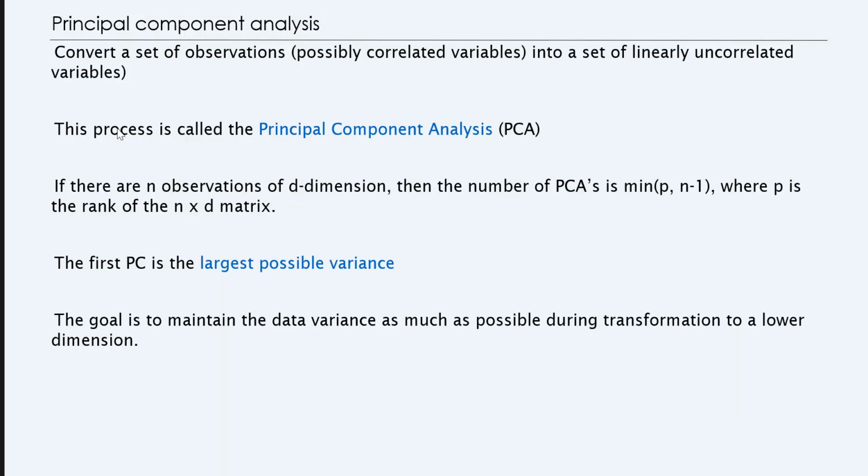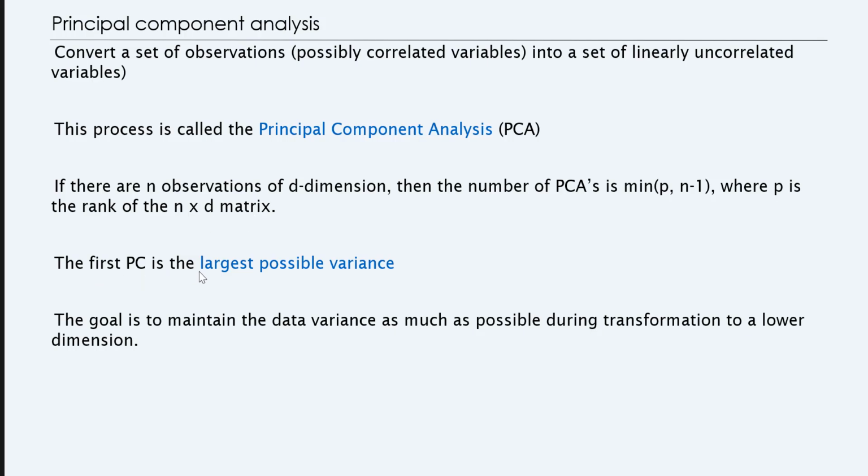So principal component analysis is a technique for transforming a set of observations with possibly correlated variables into a set of linearly uncorrelated variables. It says that if there are n observations of d dimension, then the number of principal components is going to be the minimum of p or n minus 1, where p is the rank of the n by d matrix.